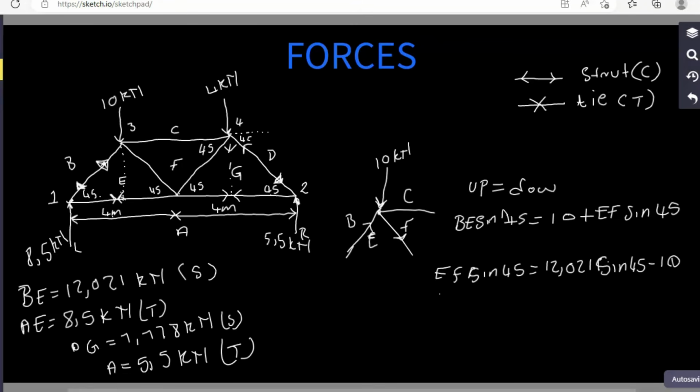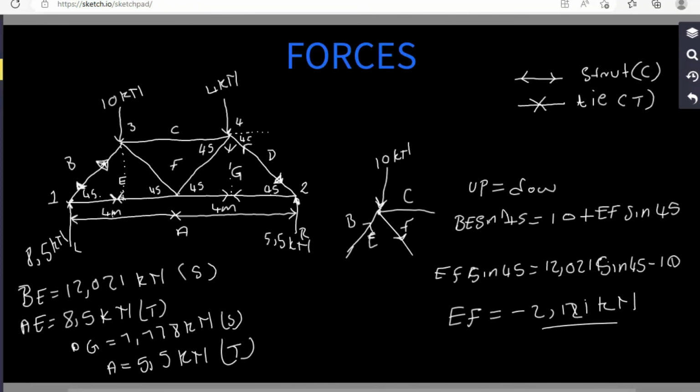And then we're going to divide both sides by sine 45, which will give us a value of EF as negative 2.121 kilonewtons.